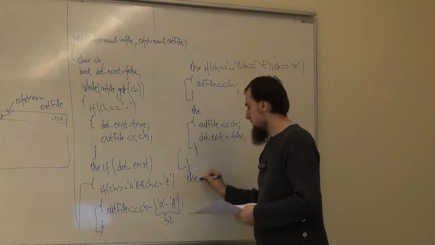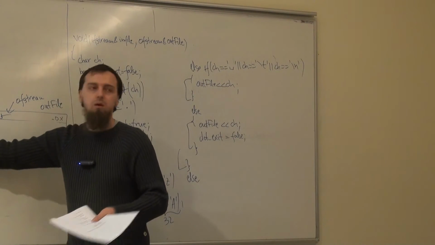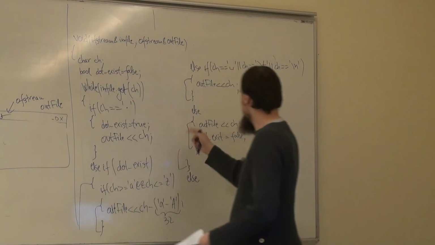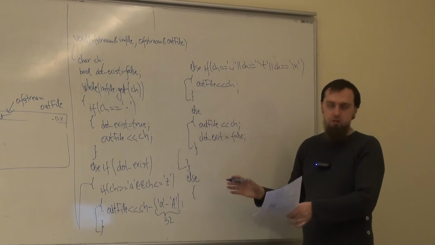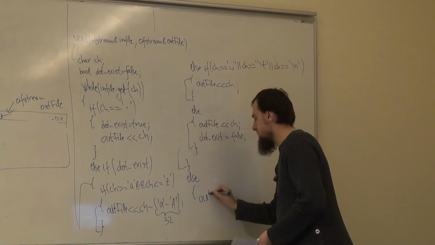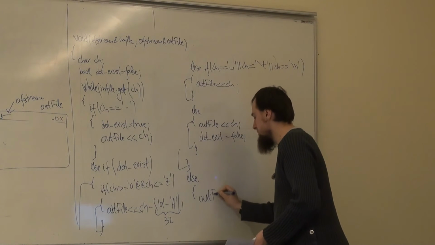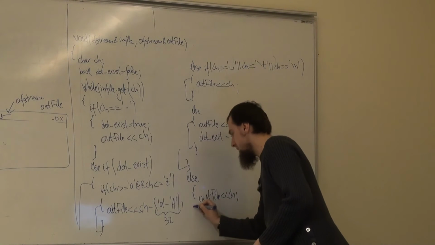Else, again, let's say we are taking numbers also too. We just append it like it is. You can write this program in a better way, but the way it's written here also works. So out file, character, and this is it.